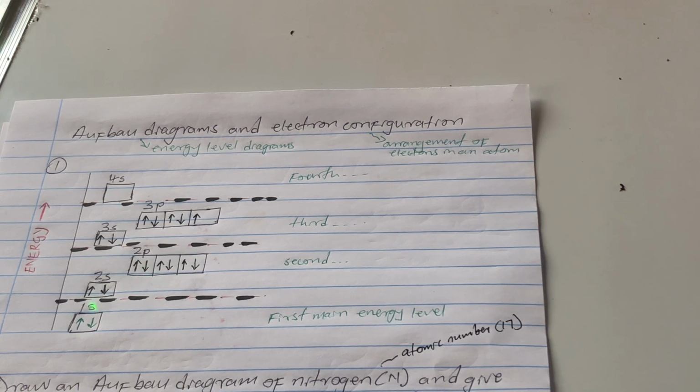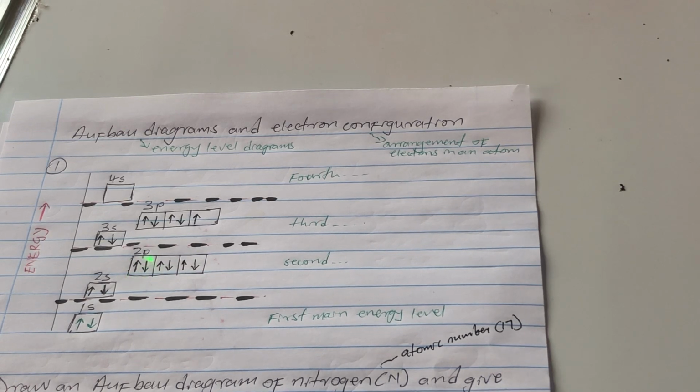We were filling each box at the same time because we only have one box, but here we have 3. So what we do here, you first put an electron which is pointing upward in each box. After you've done that, you go back and start filling another one which is pointing downwards.